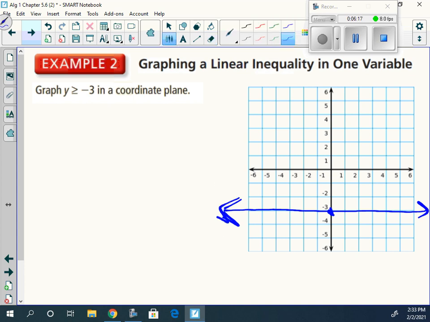We'll have this here. Now, should this line be solid or dashed? Solid, because we have greater than or equal to. If we have greater than or equal to or less than or equal to, it will be solid.